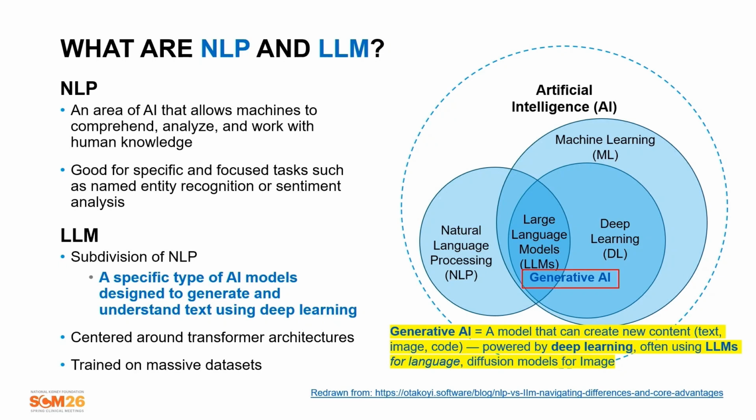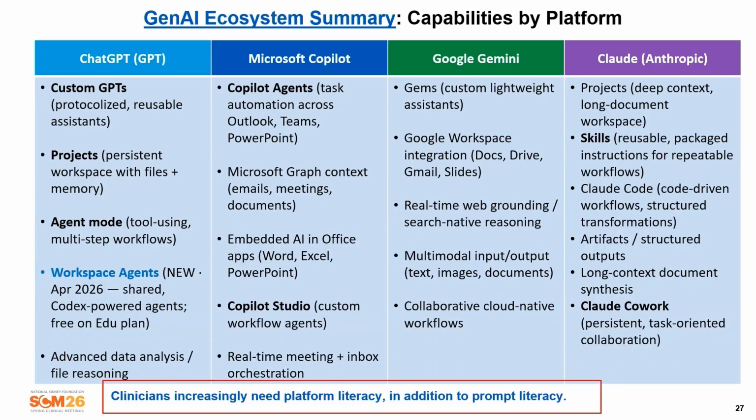So now I'm going to go to foundation models or generative AI. Imagine machine learning that not only learns but can also create content. For example, a large language model can generate text, right? This slide shows the Gen AI ecosystem that we have nowadays. We have GPT, we have Copilot, we have Gemini or Claude, or we even have more of them.